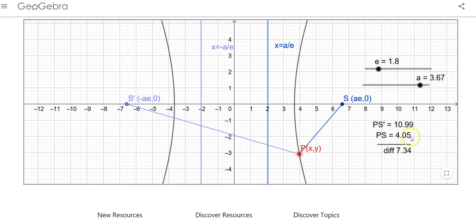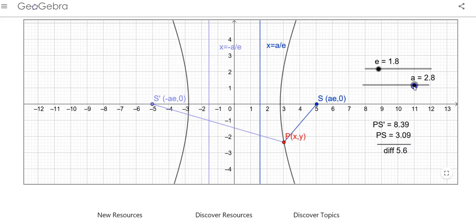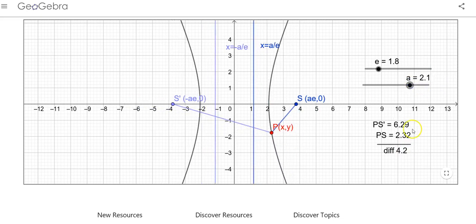So a is 3.67, the difference is 7.34. If I change the value of a, then obviously the size of the difference changes. It remains at 2a though, and once again, wherever I move the point on the hyperbola, the value stays the same.